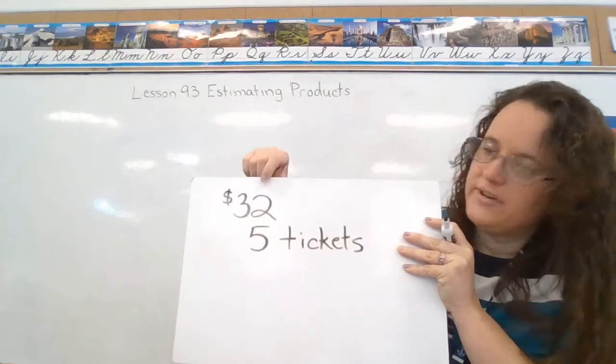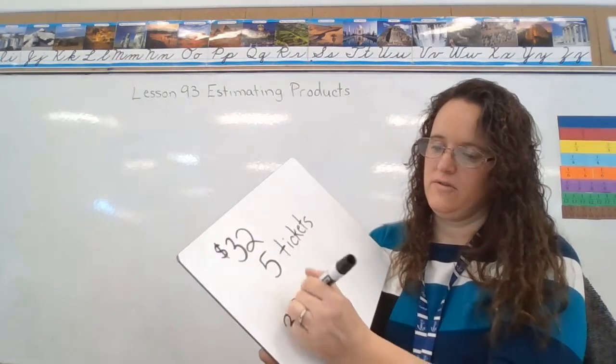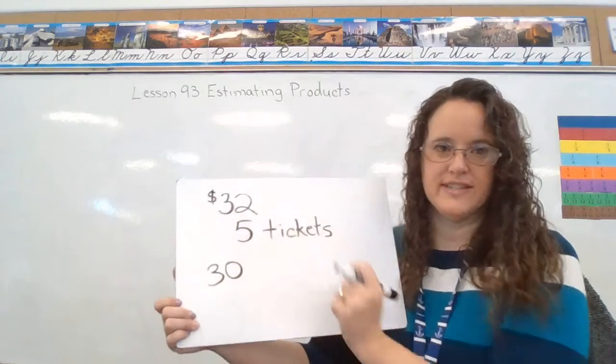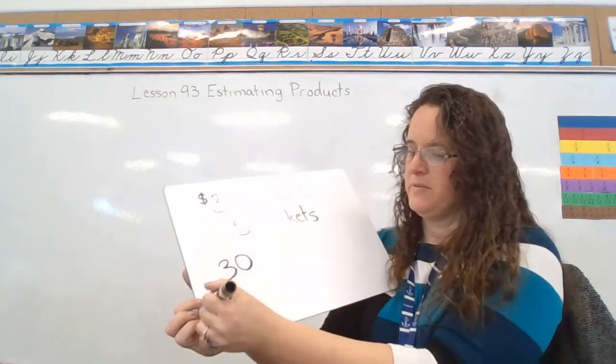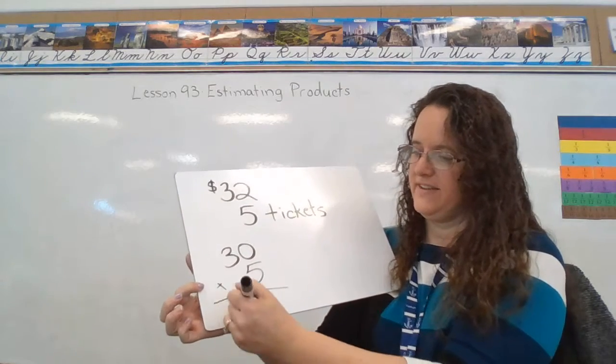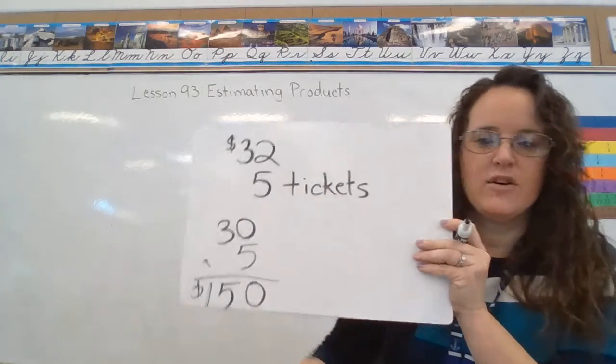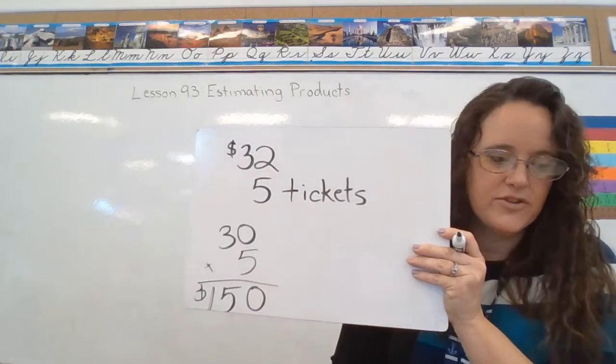All right, $32. We're going to round down to 30 because 2 rounds down. And we have to multiply it times 5 tickets. 3 times 5 is 15. We'll tack on our 0. So 5 tickets is going to be about $150.